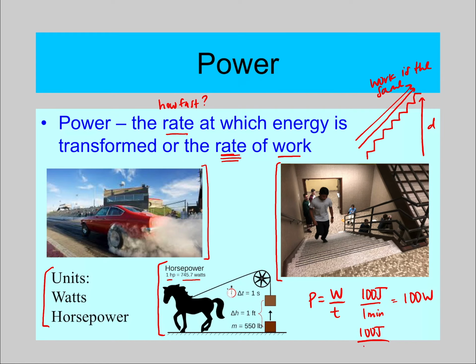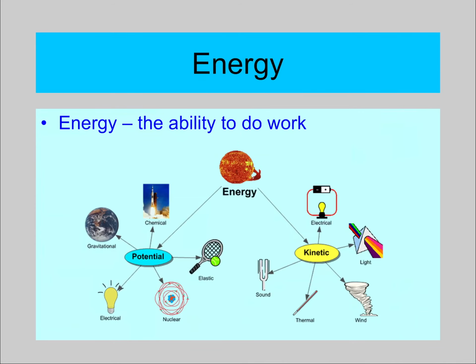Now if I run, and let's say I can run the stairs in half a minute, in 30 seconds, this is going to be 200 watts, so I'm expending more power to run up the stairs than to walk, but the amount of work done between the two situations is the same. Okay, so make sure you understand the difference between power and work. We sometimes use them interchangeably in our everyday language, but when it comes to physics, they do have different distinctions.